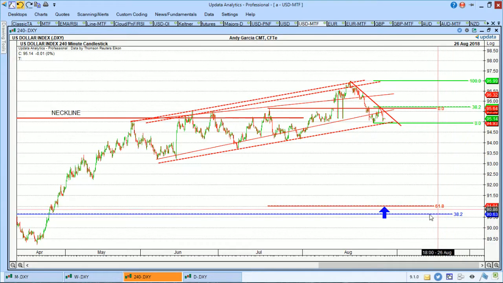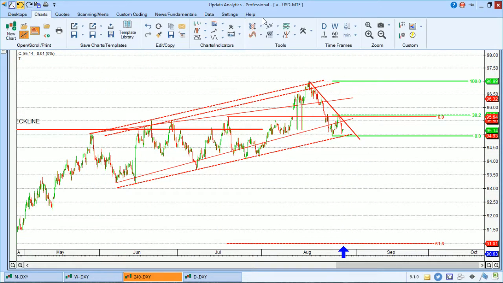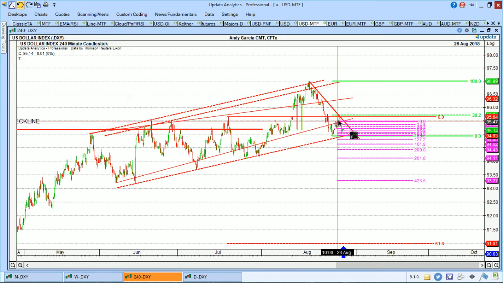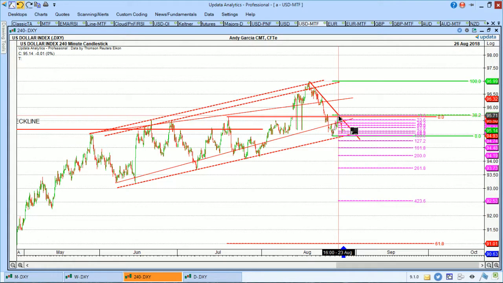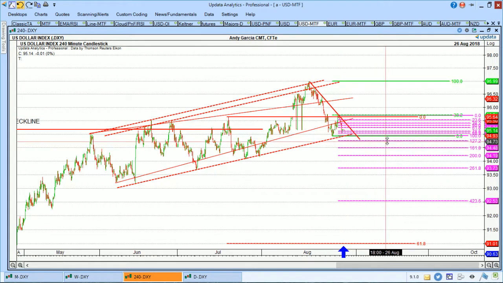You can see here that I do have some targets down here. In terms of right now, let me just take a look here at this small move. If I measure this wave here, I'm looking at a target of 94.77 and 94.50.